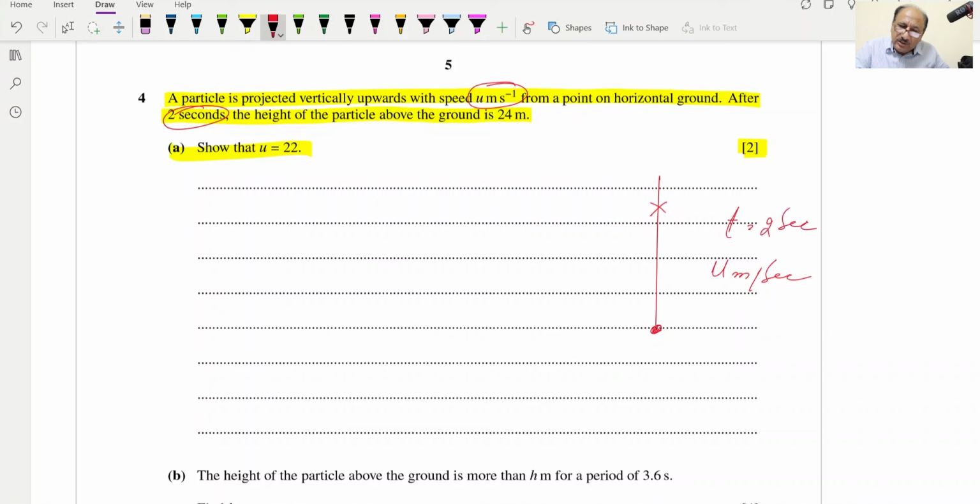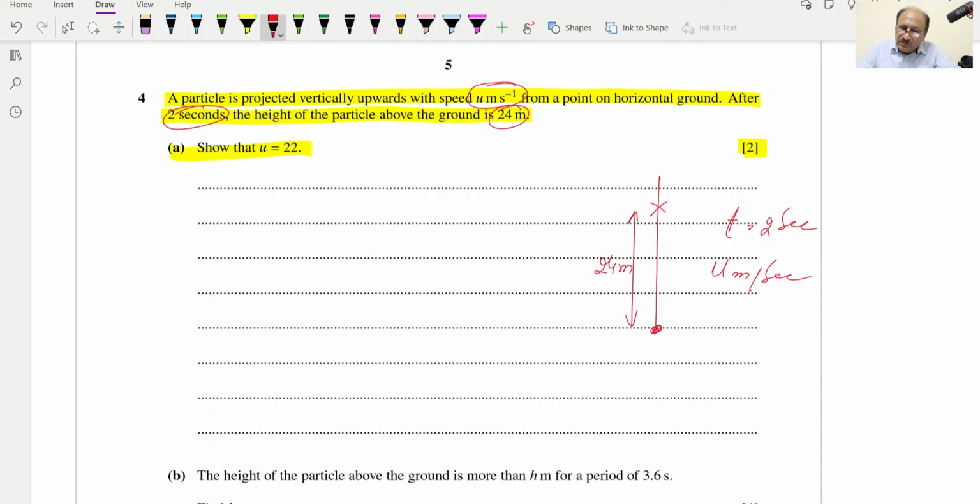What else do we have? The 24 meters is the distance, so the distance is this one, 24 meters. This is the situation. Now we need to find the value of u.